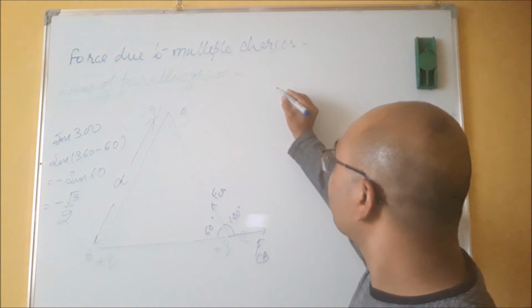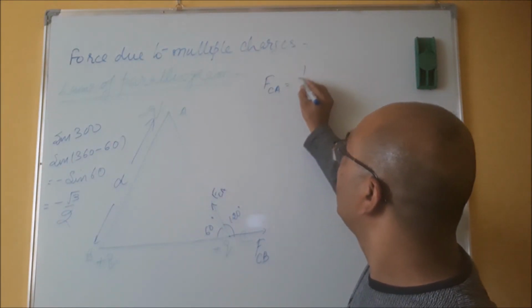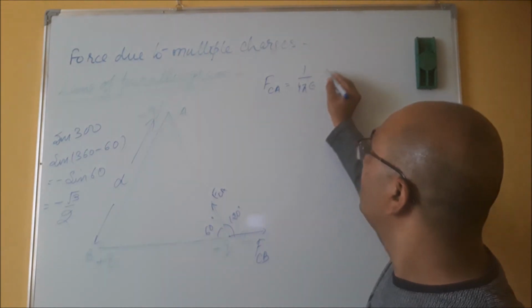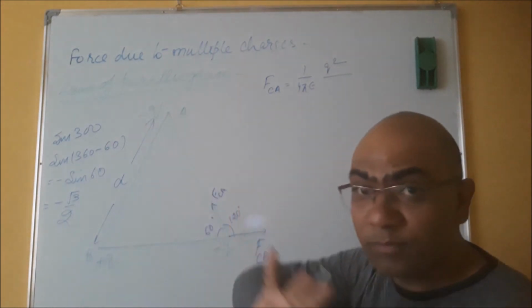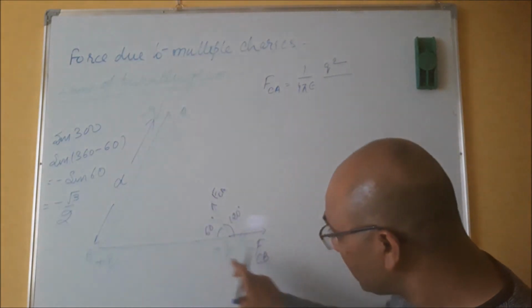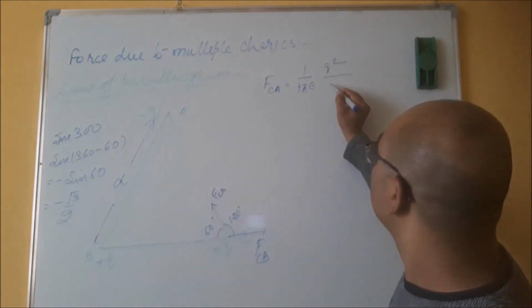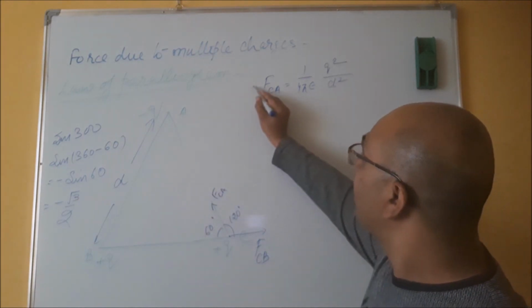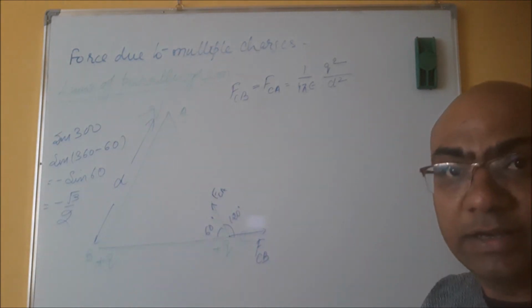So first, what is FCA? FCA is again 1 upon 4 pi epsilon Q square upon D square, because this is Q, this is Q. I am not taking the negative sign because the direction I have already taken. Same magnitude I will get for FCB also, right?